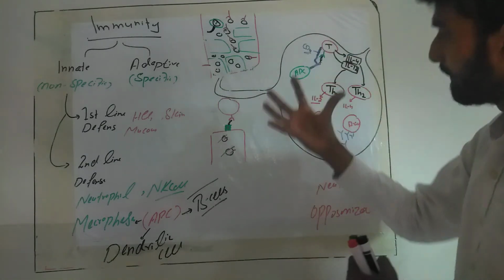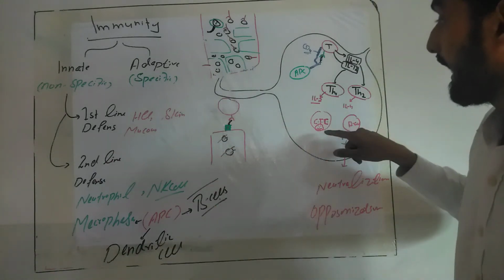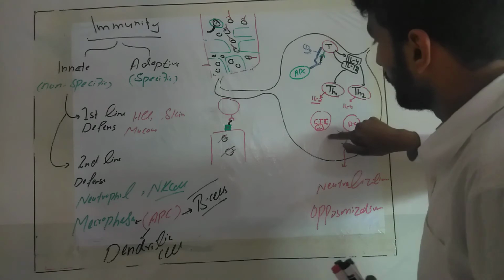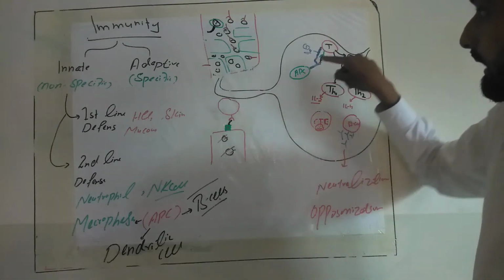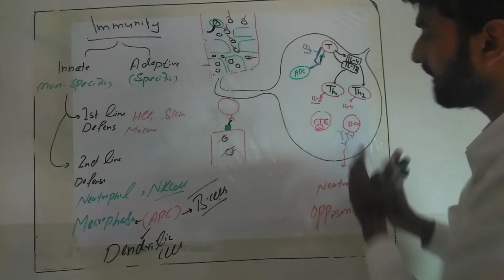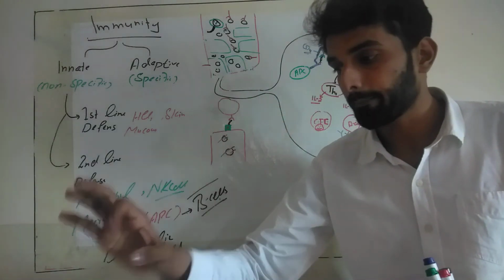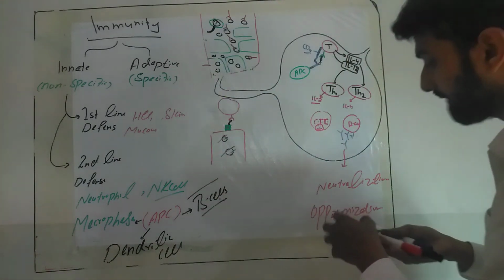A new cell will be formed against that particular antigen, and those will act. This cytotoxic T cell has been formed against this antigen, so it will recognize only that particular antigen. This is the reason cytotoxic T cells and antibodies work very specifically, and why they are called adaptive immunity.